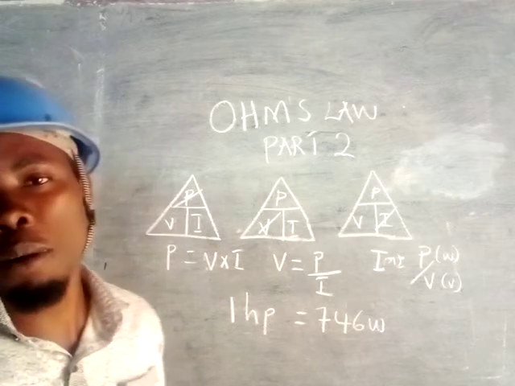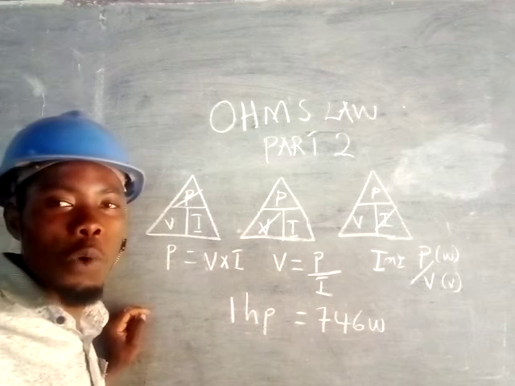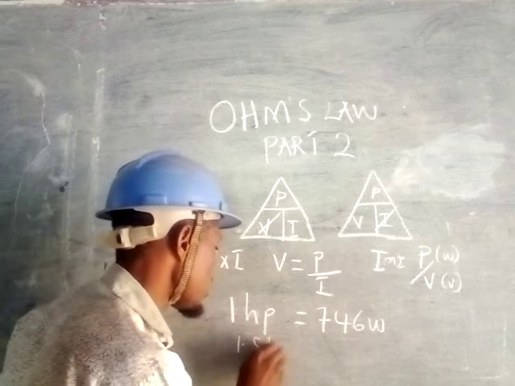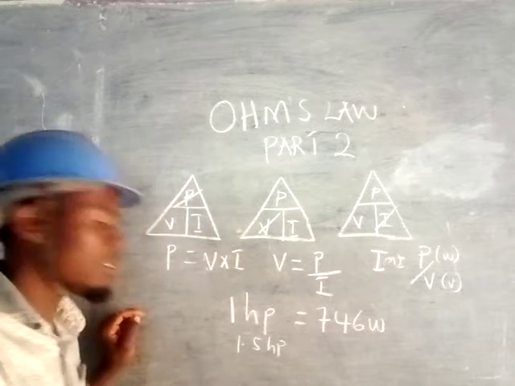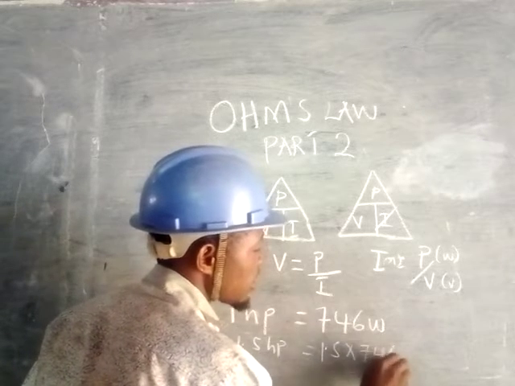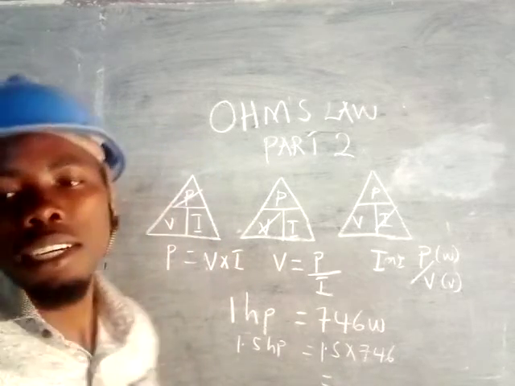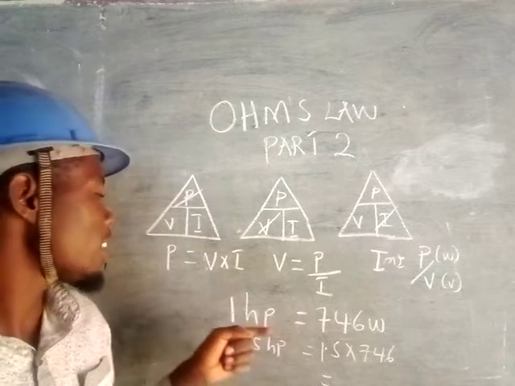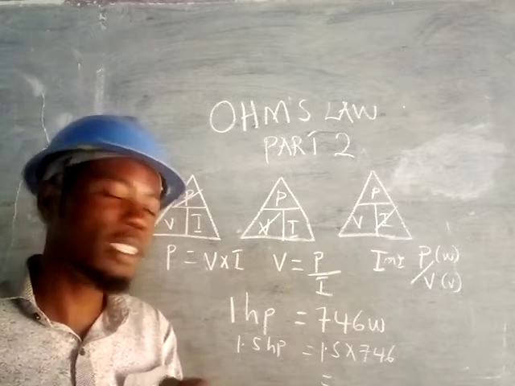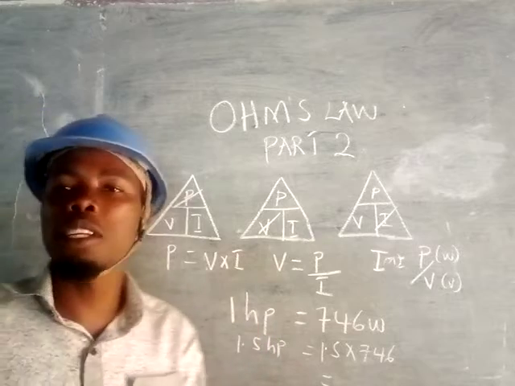So if you say my pump has 1.5 HP, that is horsepower, you convert it into watts by multiplying 1.5 times 746. So that is how you convert horsepower to watts. In electrical pumps or water pumps you may not find watts, but you may find HP, which means horsepower.